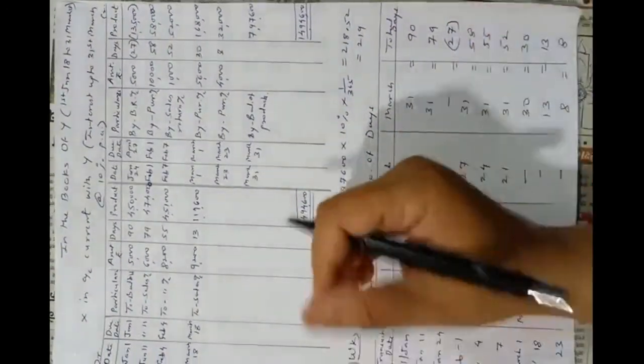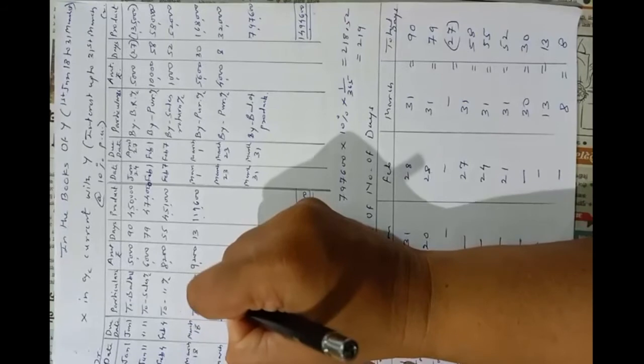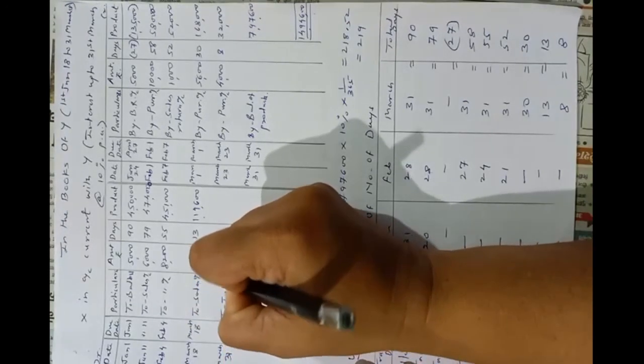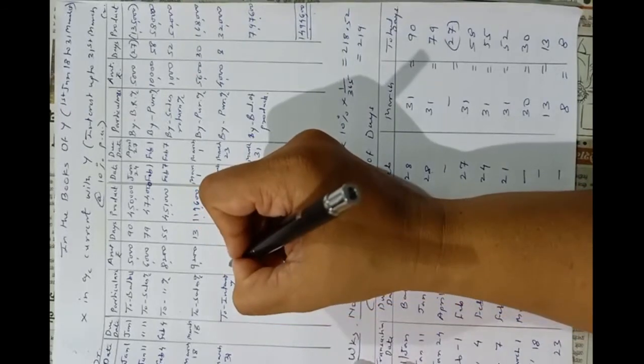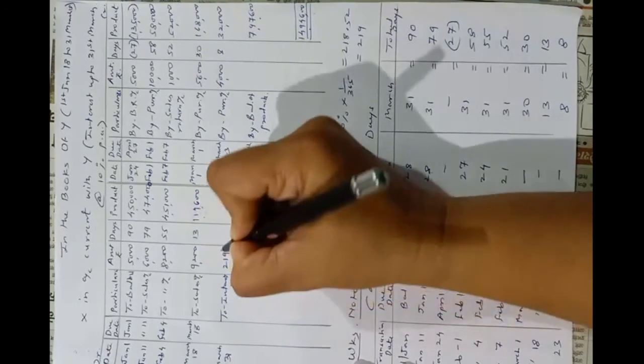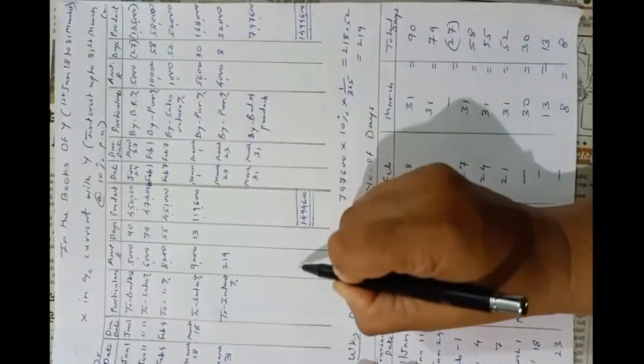So interest is 219 rupees. Will enter this here, March 31st, to interest account. Amount is 219, and now we will tally amount column.